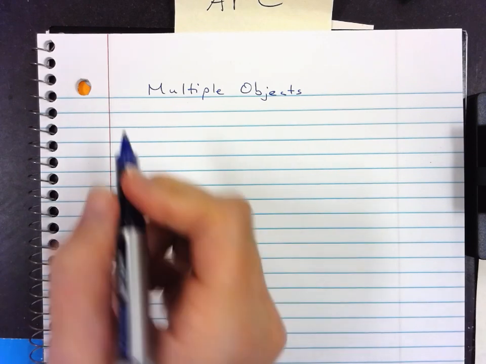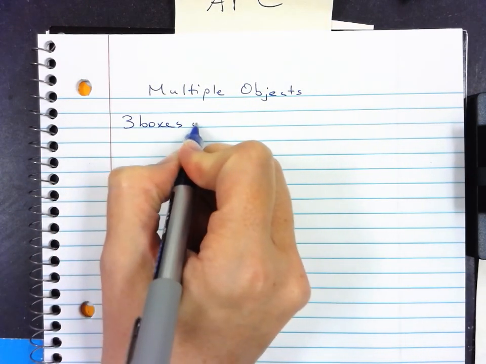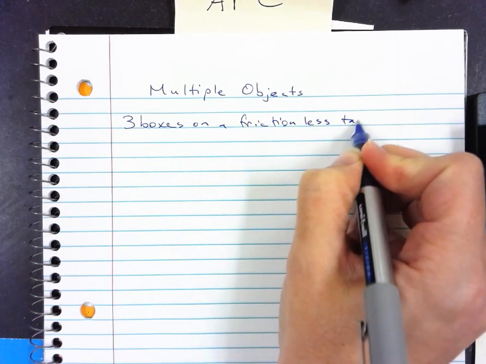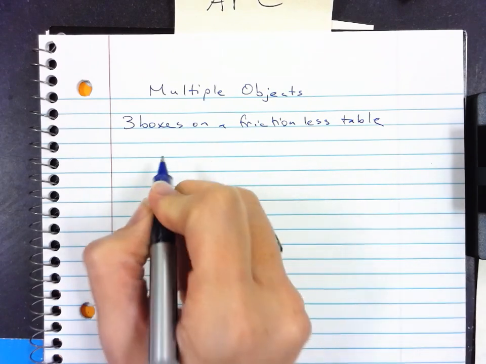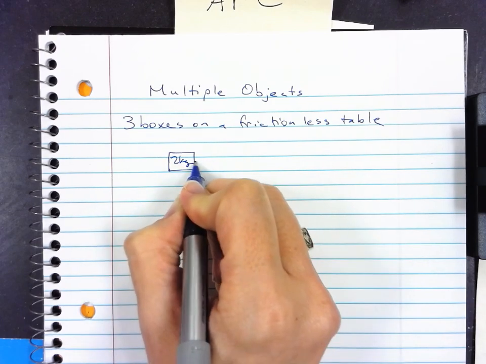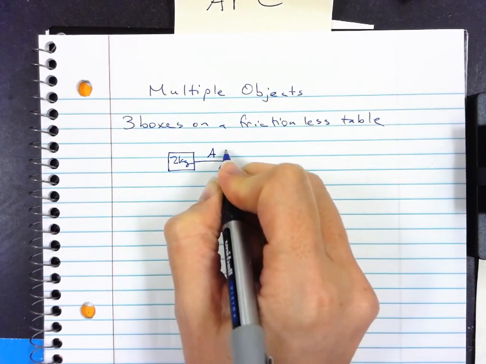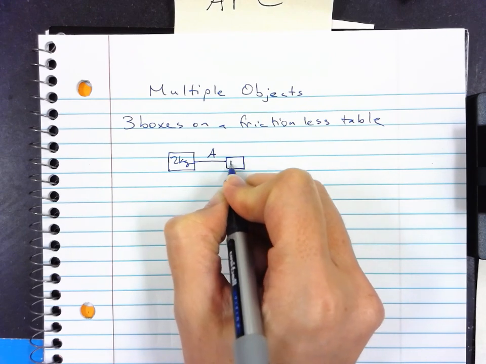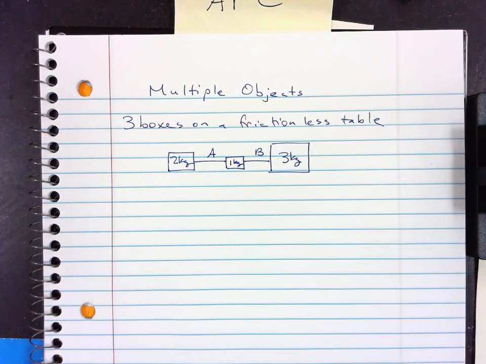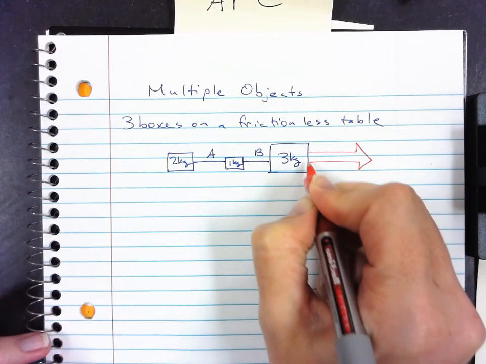So we're going to have 3 boxes on a frictionless table. So we have a 2 kg box connected by rope we're going to call A, to a little 1 kg box connected by rope we're going to call B, to a big 3 kg box, and we're going to pull on the right side of the 3 kg box.